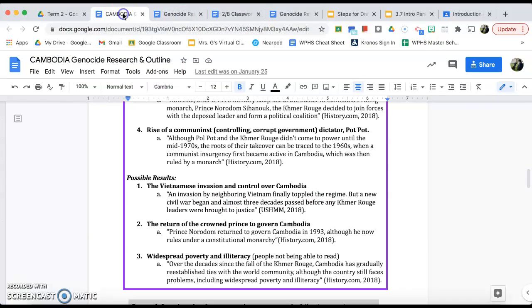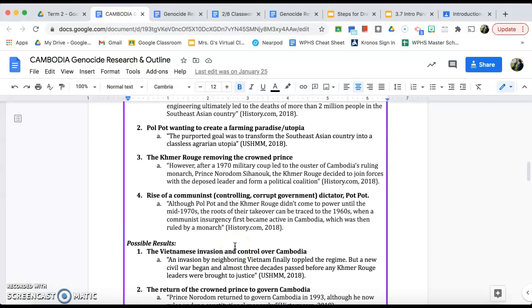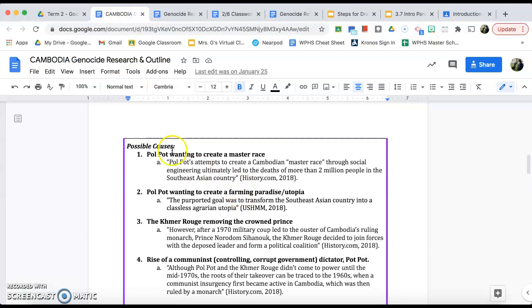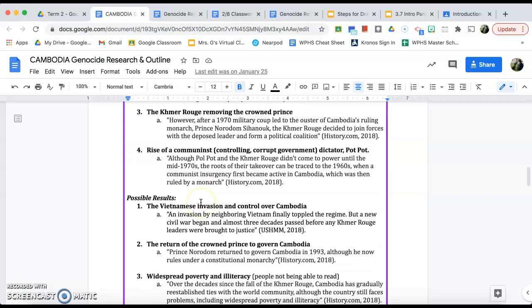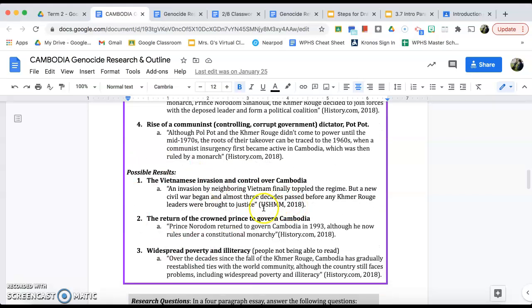So if you use the modified Cambodian genocide outline, then the page where you listed the causes and results here, you will see I gave you the name of each source with each quote. So let's say this next quote came from here, and it came from the USHMM, which stands for the United States Holocaust Memorial Museum. Or you could just use its abbreviation if you want to.